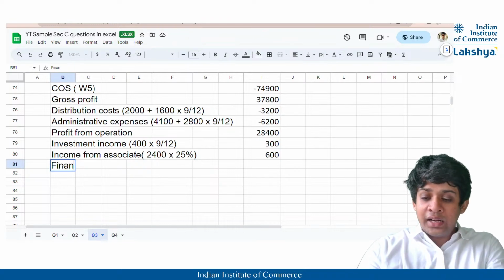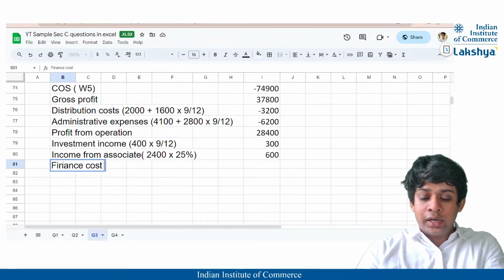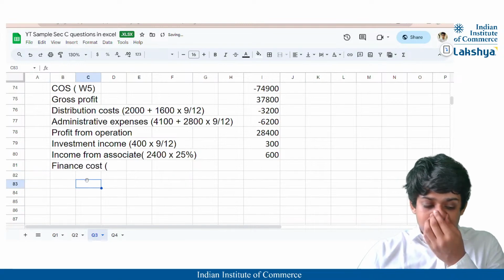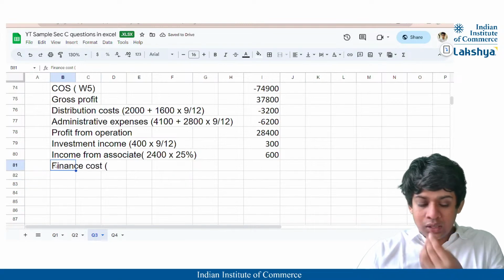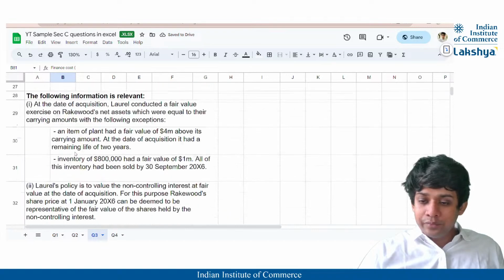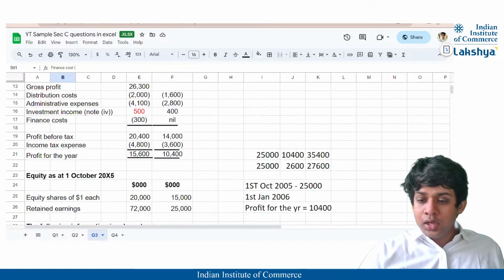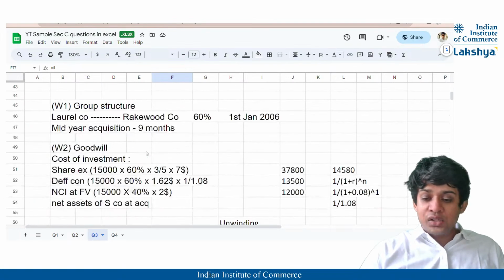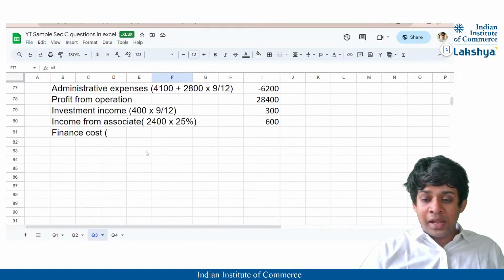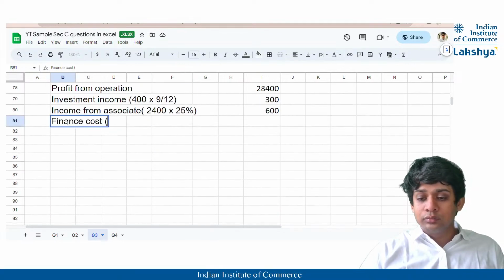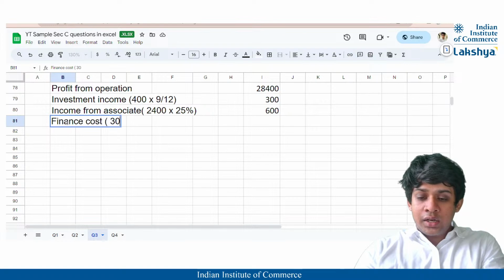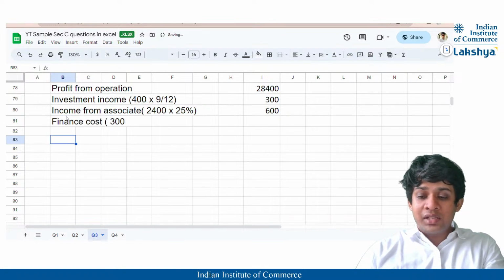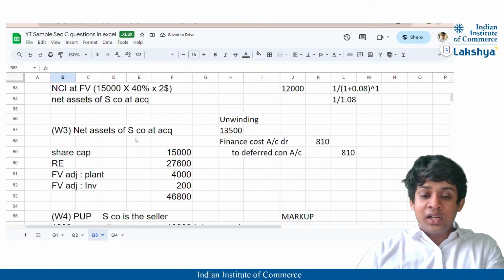Then we have our finance cost also, correct, guys? So what is the finance cost? It is 300 here, but it is nil for the subsidiary company, right? So finance cost will be nothing but 300 of the parent. Don't you think we are missing something? The deferred consideration finance cost of 810, correct?